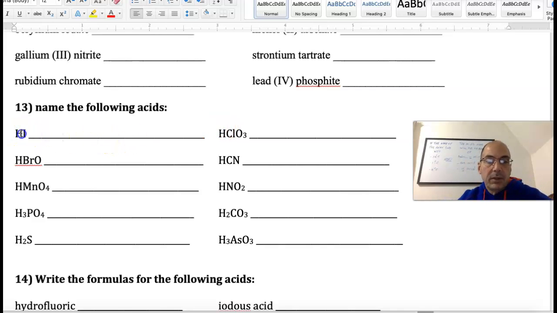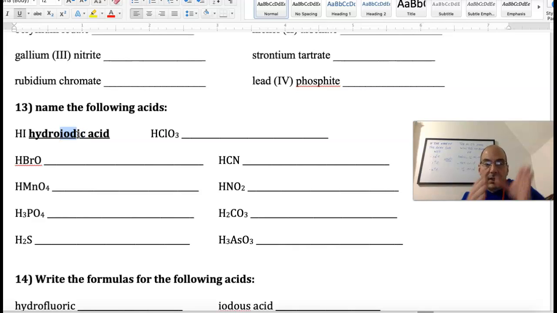We have HI. I'm going to ignore the H and focus on the I. I is called iodide. That's that IDE ending that we talked about. So this would be called hydroiodic acid. I took the iodide, dropped off the ide, and stuck it right into the middle of that hydro-ic.